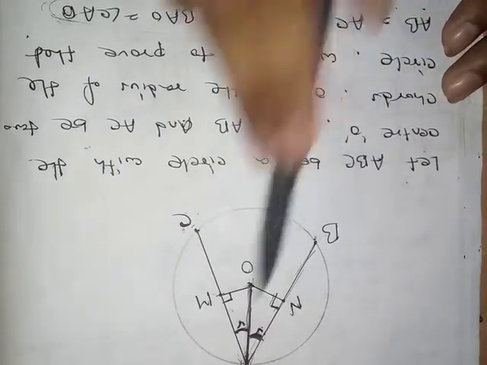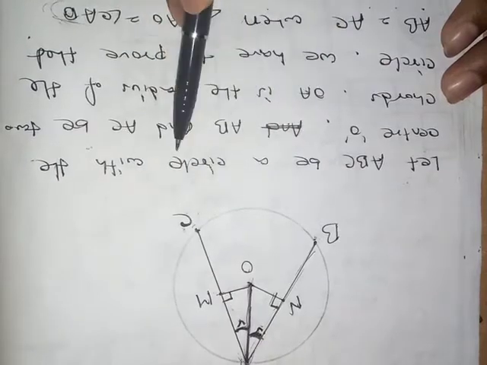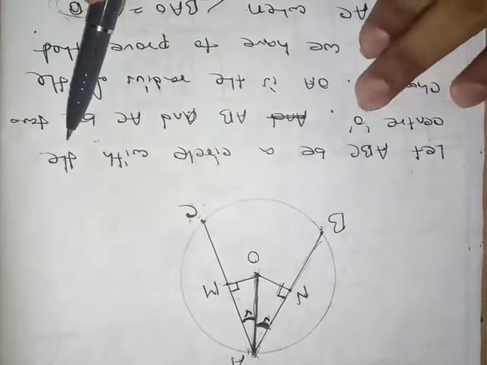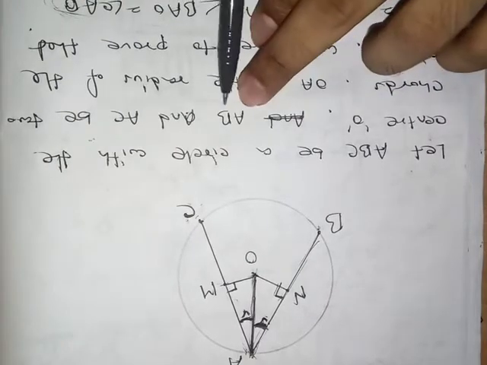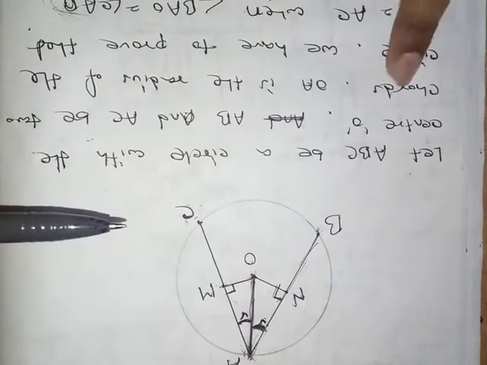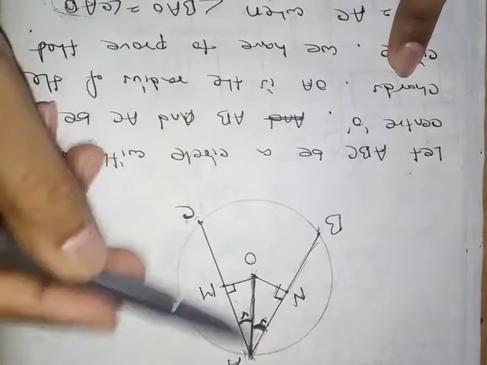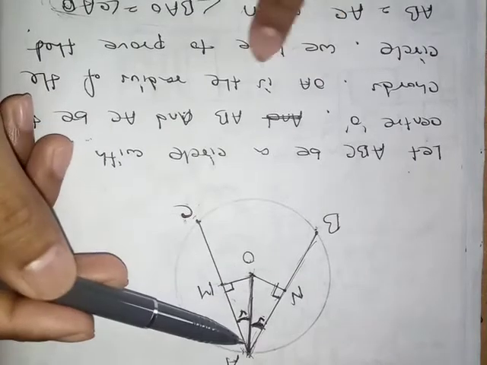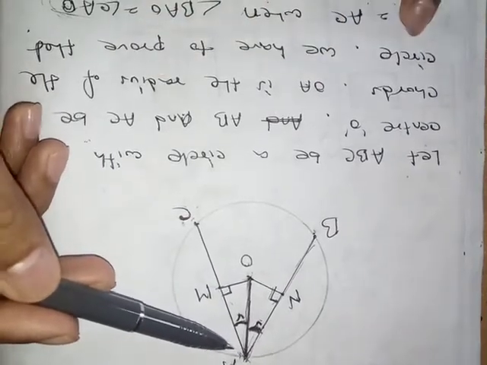Let ABC be a circle with the center O. AB and AC be two chords. OA is the radius of the circle.